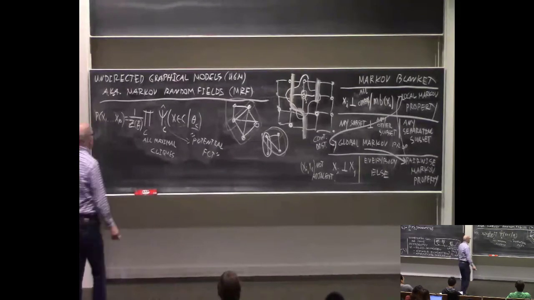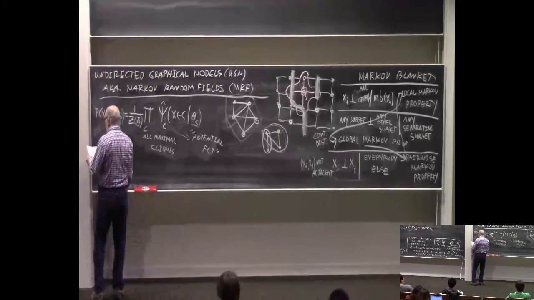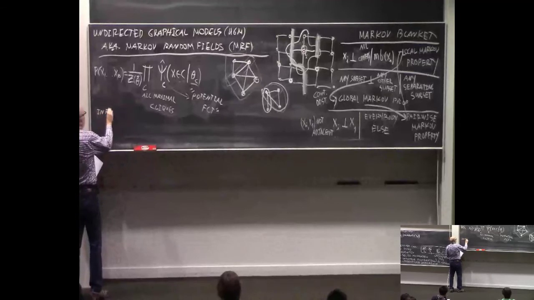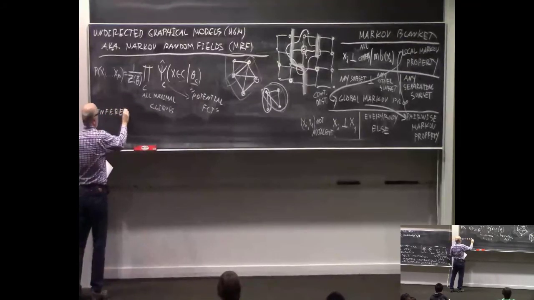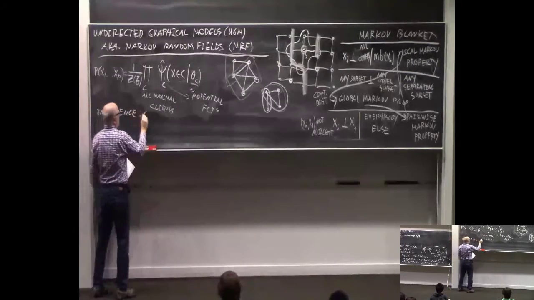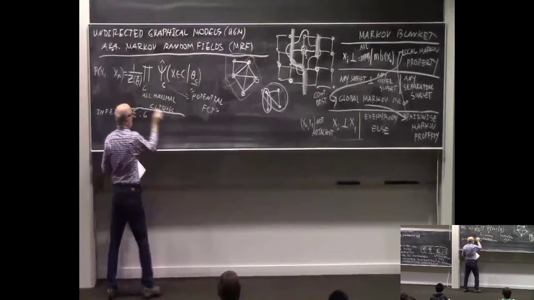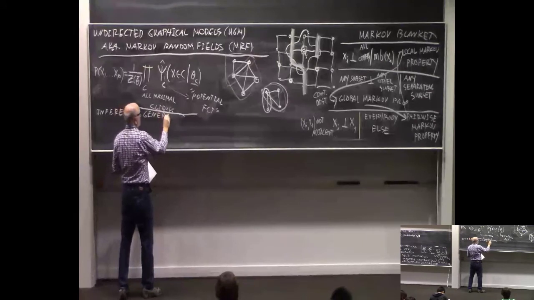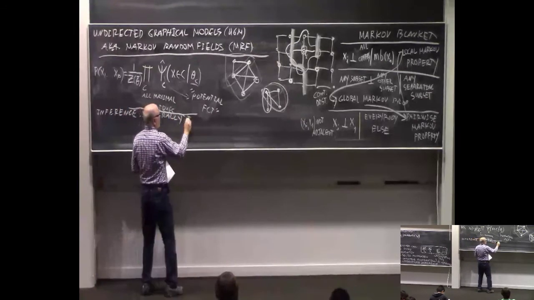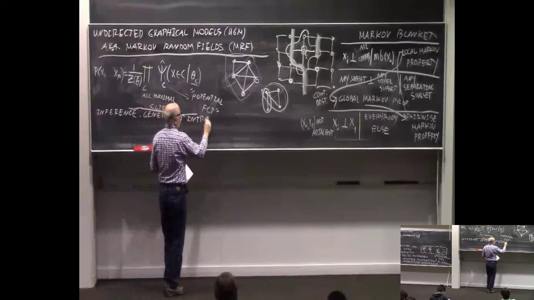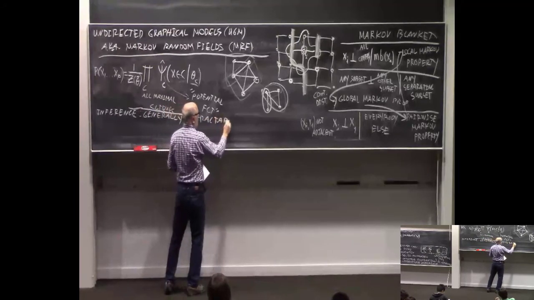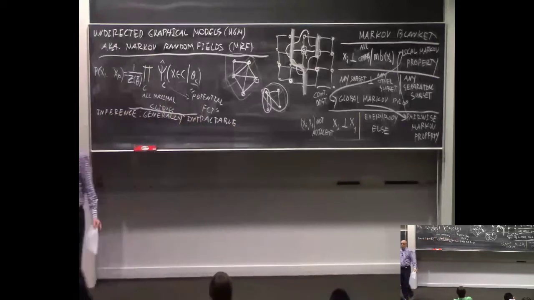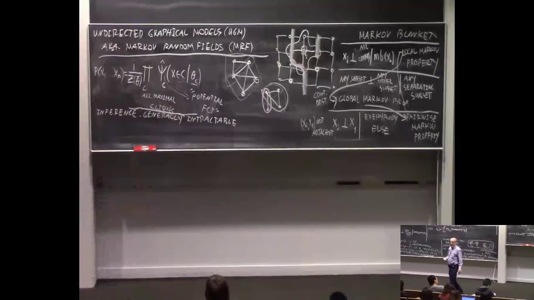So the take-home message is inference is generally intractable. But there are many heuristics that often work or work for different classes of graphs.